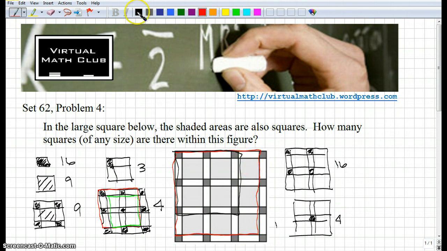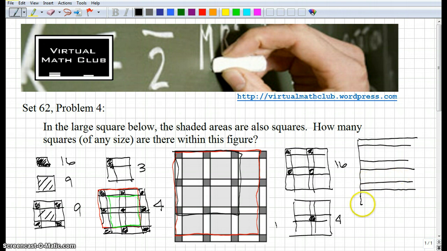It gets tedious to draw all this, but let's draw a representative square. Let's see if I can draw this. Okay, so it comes down. We have one here, 1, 2, 1, 2, and then it comes over.